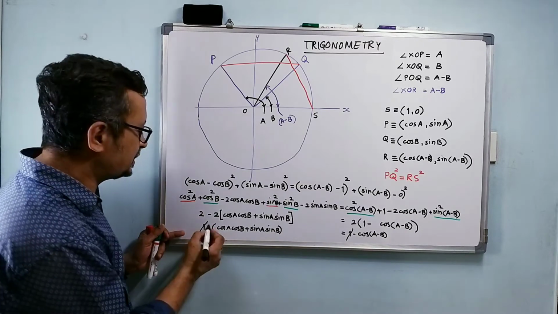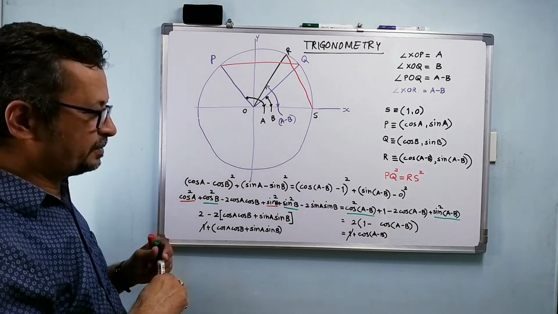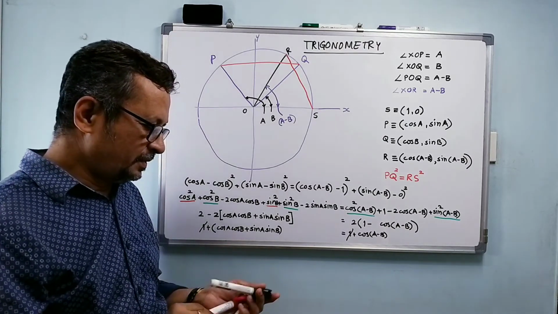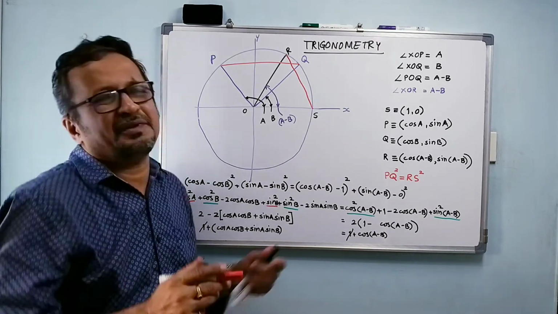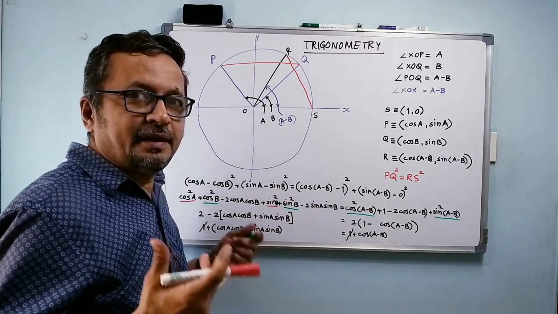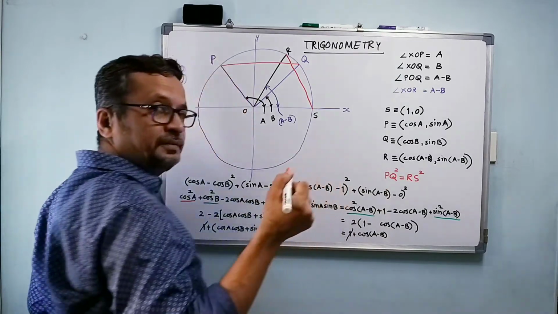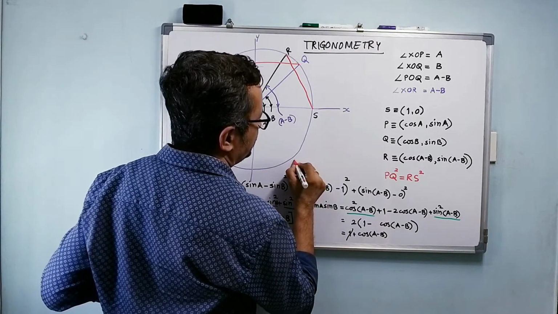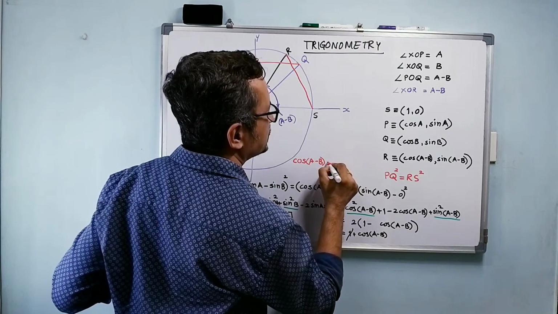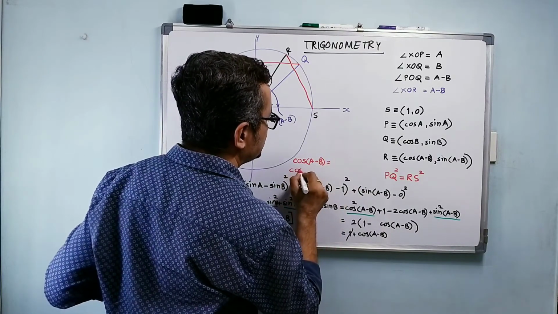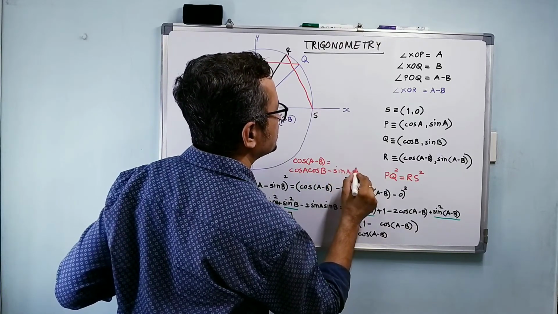I can as well get rid of this minus sign here, and then that gives me my, I would say, most important result in trigonometry, or maybe a little less than that, but I find it amazing. Okay, so I'll just write it here, I don't have much space left over there: cos of (A minus B) is equal to cos A cos B plus sin A sin B.